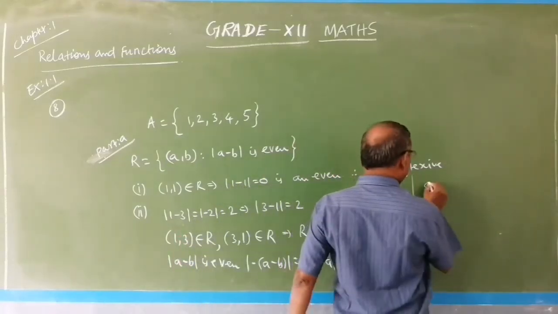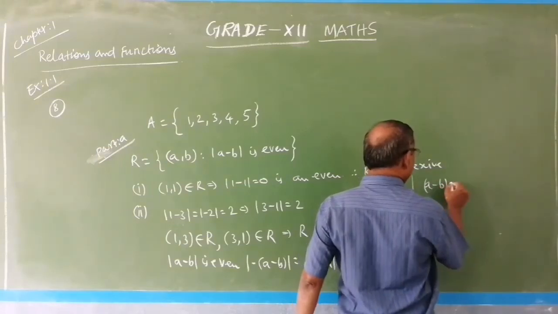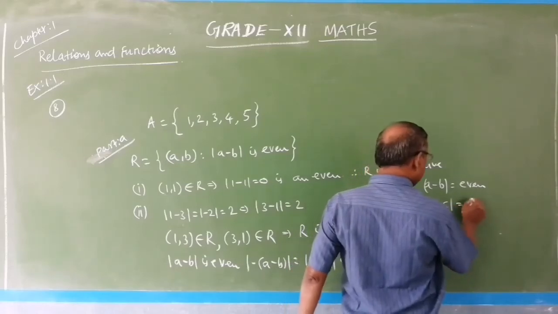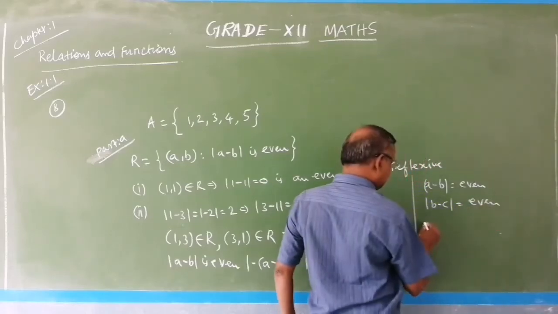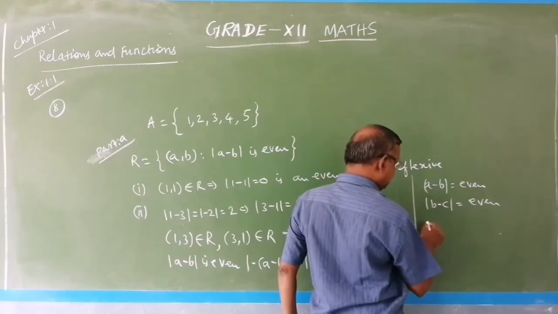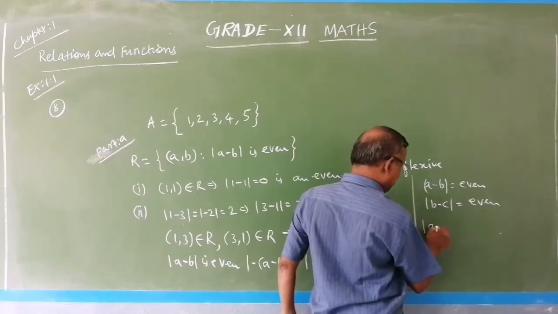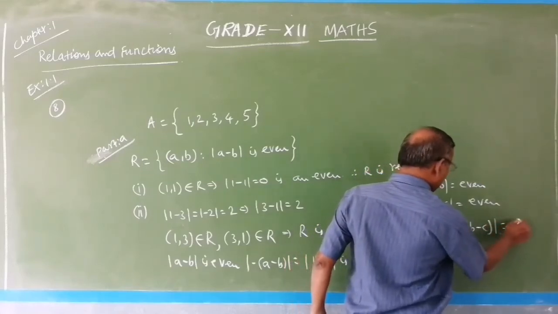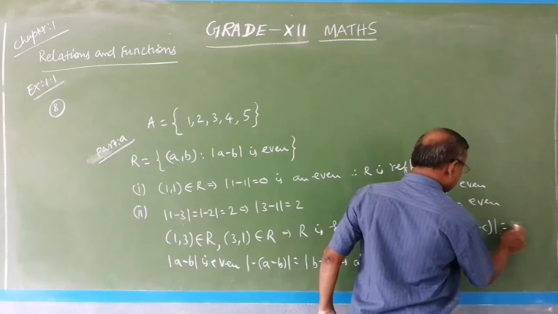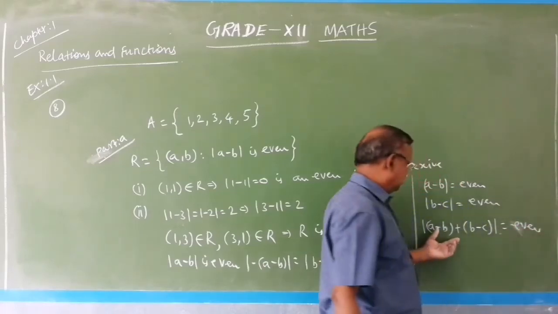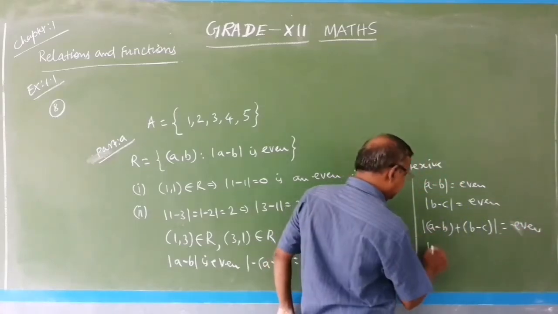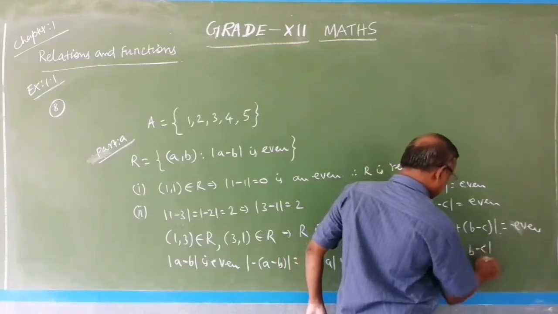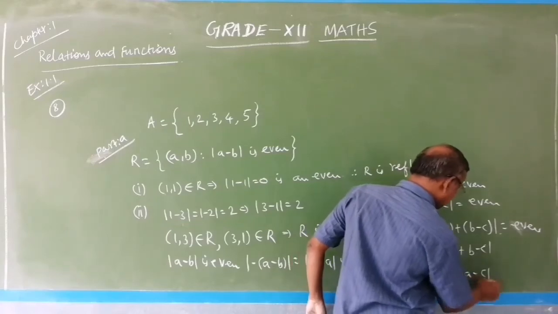And consider modulus of a minus b is even, and modulus of b minus c is also even. Now, the sum of the two evens, that is (a minus b) plus (b minus c), is also even. The sum of two even numbers is an even number, and (a minus b) plus (b minus c) is nothing but a minus c.